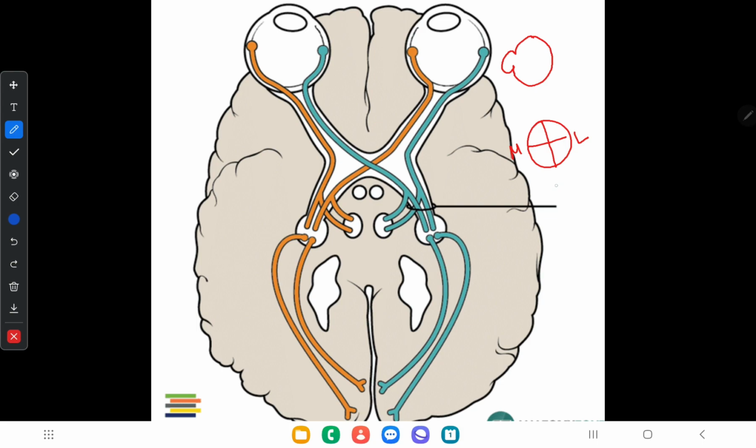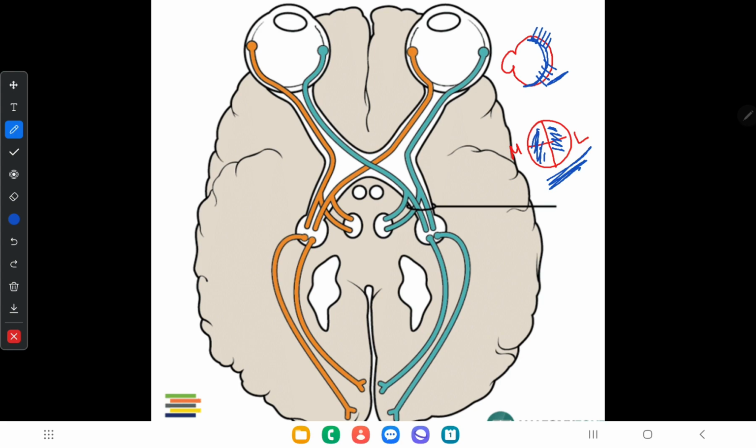Here, imagine this is the lateral geniculate body and this is the eyeball. So this area is the retina. The medial part of the lateral geniculate body receives fibers from the upper half of the retina. And its lateral part receives fibers from the lower half of the retina.